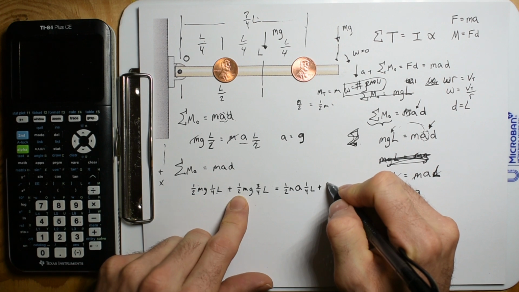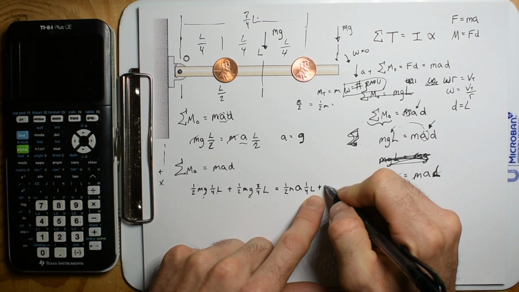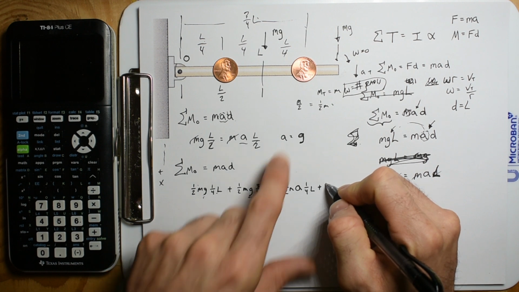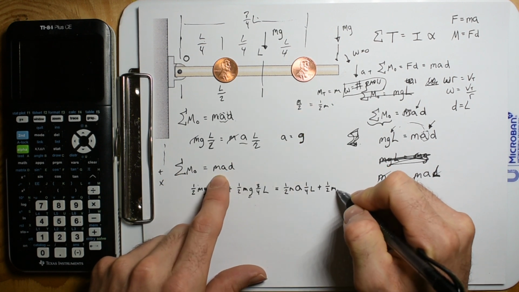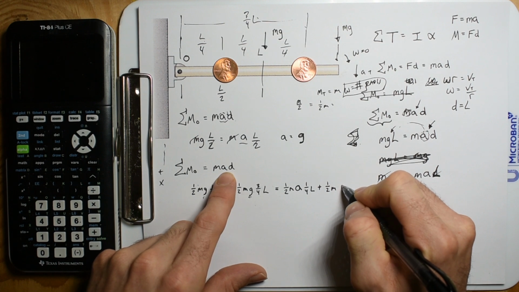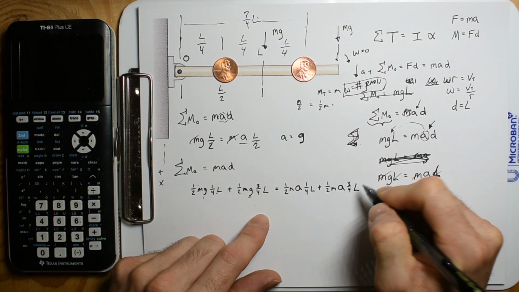So why would we get anything different than g? That's kind of an interesting question. So now the mass on this one is 1/2 m, the acceleration is what we're trying to find, and its distance away is 3/4 L.